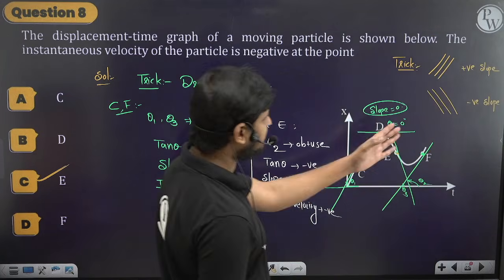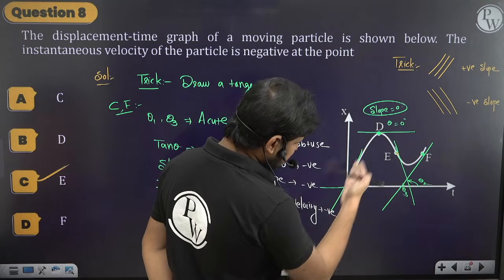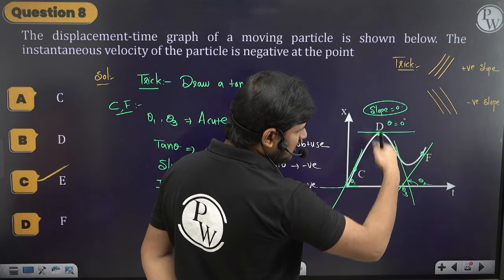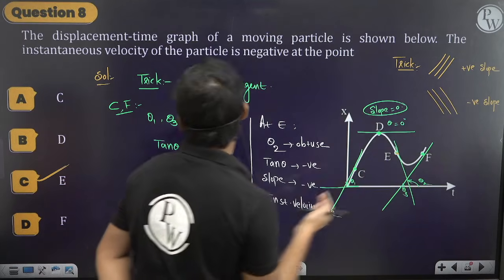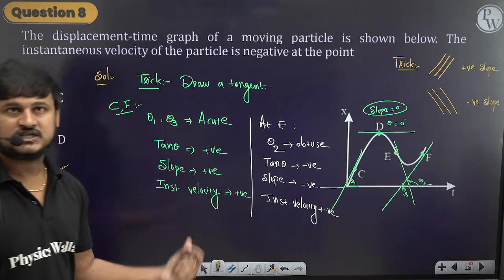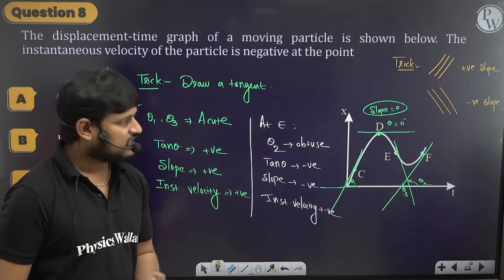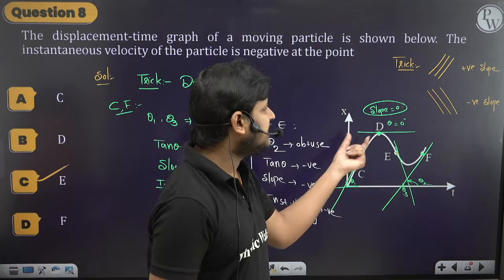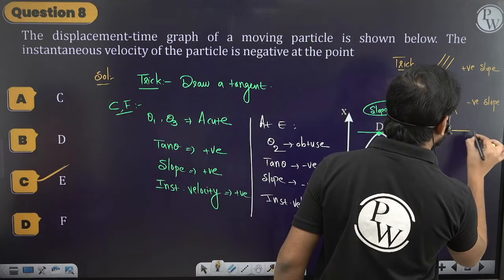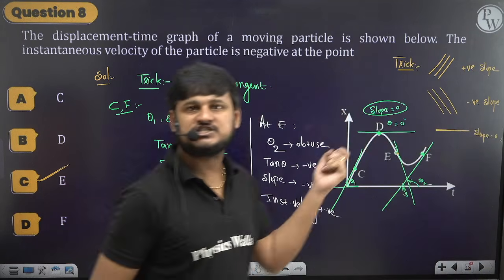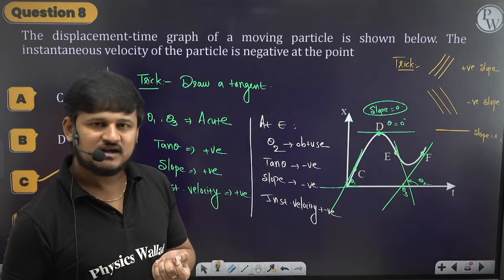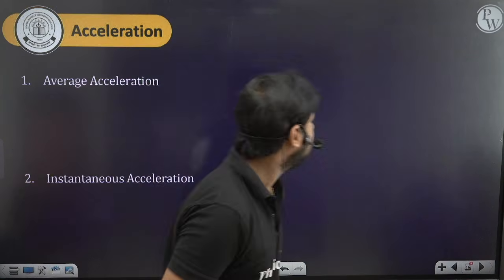If you draw the tangents, this one slants this side, but at E it slants this side. That's why the slope is negative at point E. You need not go for the calculation. Clear this part? Whenever the tangent is horizontal, the slope is 0. So at point D, slope 0, velocity 0. Done? Let's move further.